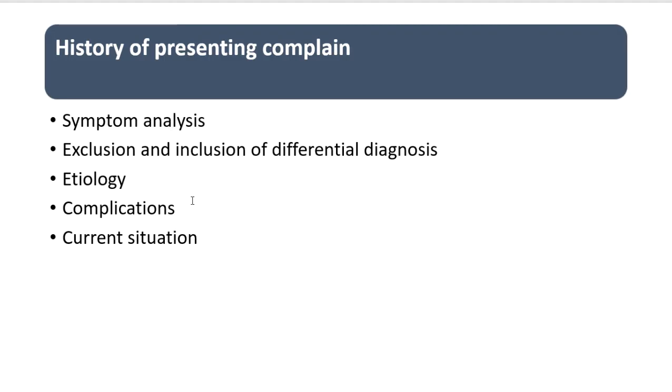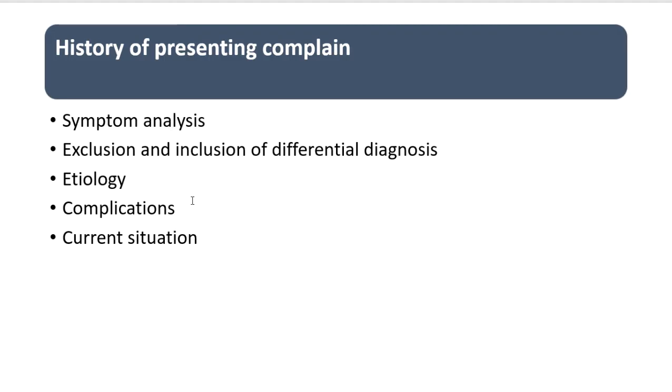When a patient comes with abdominal pain, there is a mnemonic called Socrates. I will teach you this when we talk about separate topics. Here, what you need to know is that you have to analyze symptoms. Then the exclusion and inclusion of differential diagnosis. You have to have a clear understanding about differential diagnosis, and then in the history of presenting complaint you can get an idea.